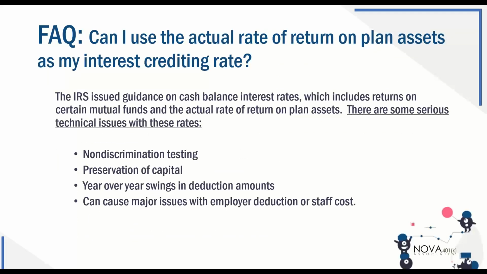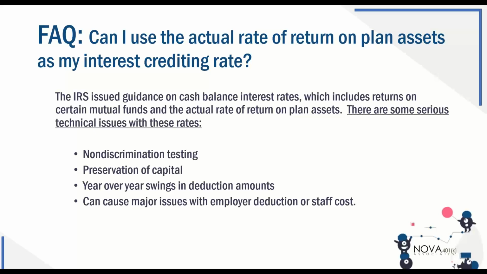Can we use the actual rate of return? Yes, legally you can. However, it does lead to undesirable results if the market has any kind of a big swing, like a big loss or a big gain. It's going to have serious technical issues. The non-discrimination testing is the biggest thing, because the interest rate we use for testing becomes variable.